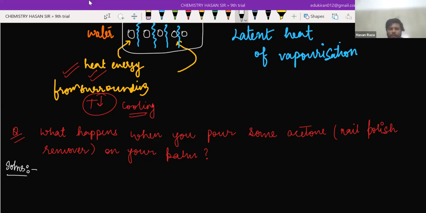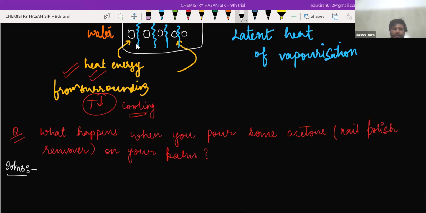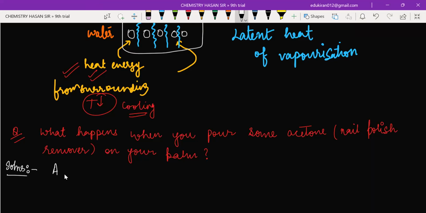We can write that the acetone has an acid in it which evaporates very quickly. Acetone is basically not an acid.